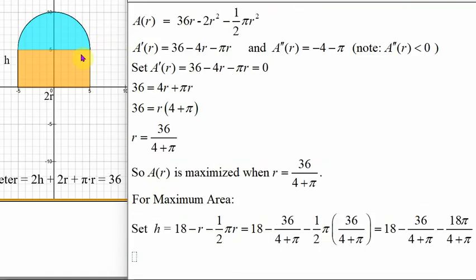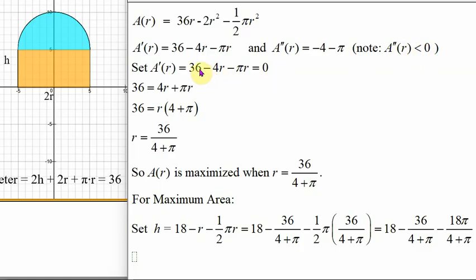Our problem is we want to find the maximum area, so I'm going to take the first derivative with respect to r. We get 36 minus 4r minus pi r. Let's also take the second derivative, which is negative 4 minus pi. Notice that the second derivative is always negative regardless of r.